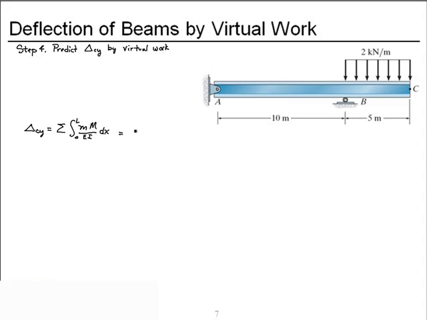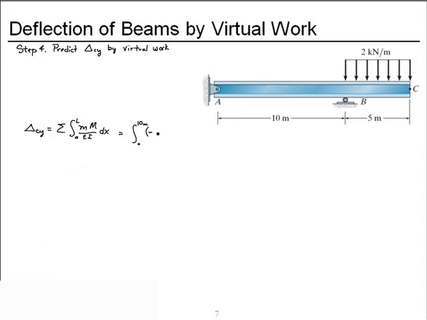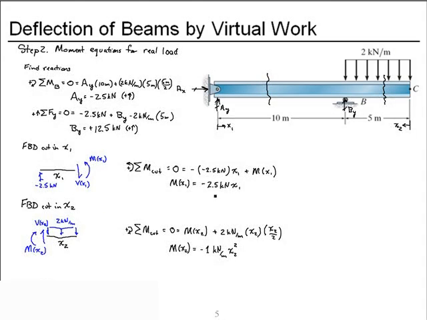So from A to B, it's 0 to 10 meters. We saw that our little m, our moment due to the virtual load, was negative 0.5 x1. The moment due to the real load was negative 2.5 kilonewtons times x1.